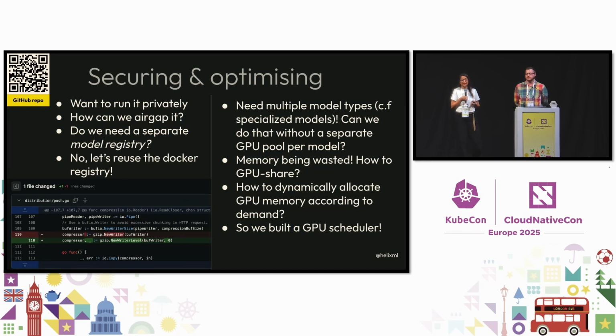So in order to do that, we scratched our heads and we wondered, do we need to invest in a model registry? And then we said, no, we don't. Let's just use our Docker registry. And so we baked the weights of the model into the Docker image along with the model, and we checked that into the Docker registry. We did run into a few issues here, though.